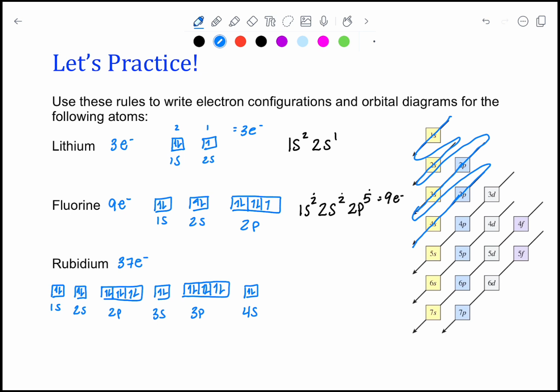Here's where I oftentimes see students run into issues. After 4s, our next spot is the 3d. Now, students get confused by this because 3 is lower in number than 4.